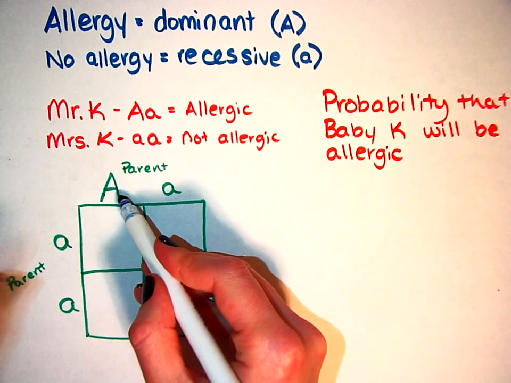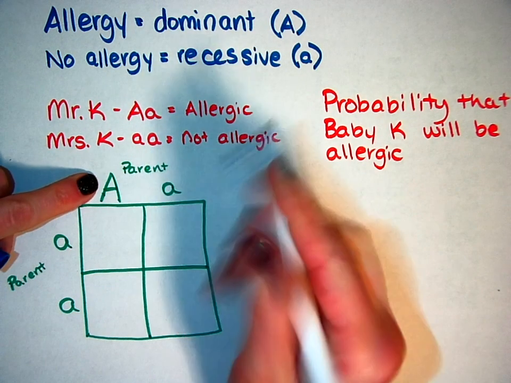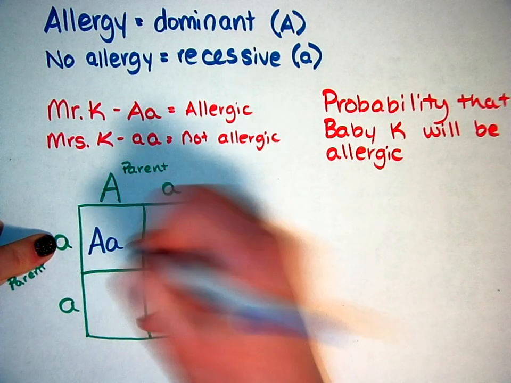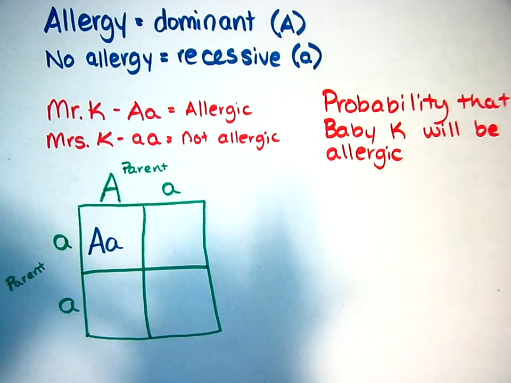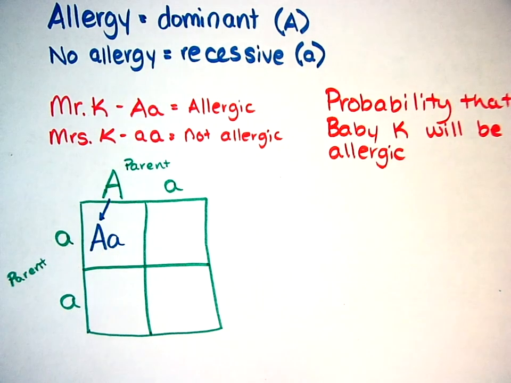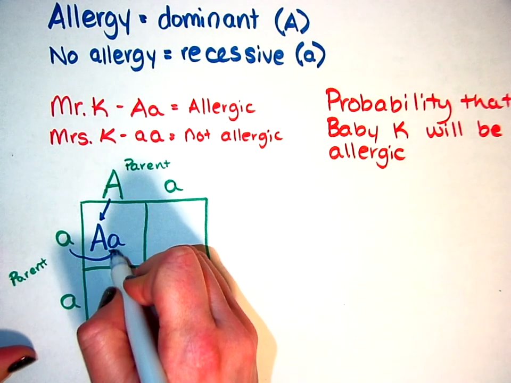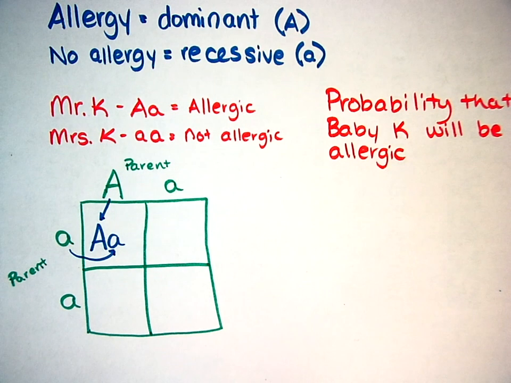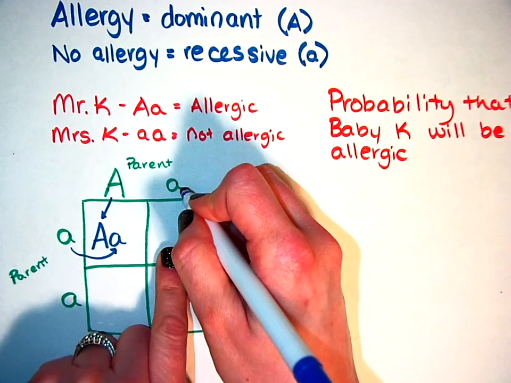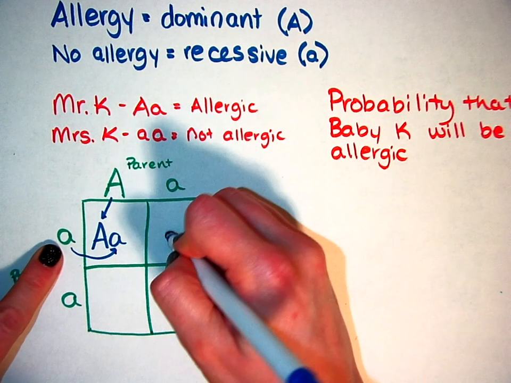We treat this like a multiplication table. We look at the top, we look at the side, and we put them together. We always put the dominant allele first. So one possibility is that our baby can get a dominant allele from Mr. Kurnit and a recessive allele from me. See where those came from? In this box, we go up, we see that it can get recessive and recessive.